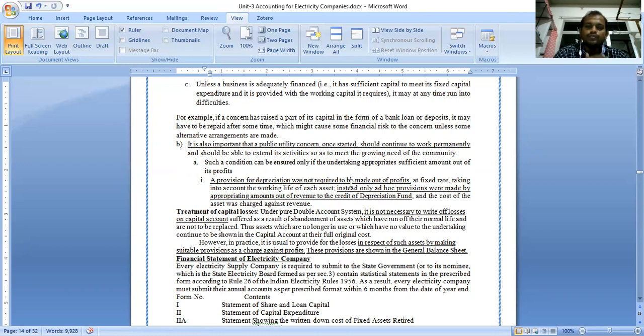So if you do like that, two assets will be there. As a result, abandonment of assets, in the sense, whatever asset is running out of life, that asset also will be kept at the original cost.